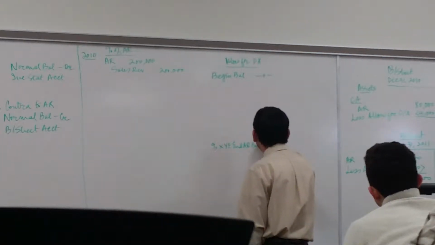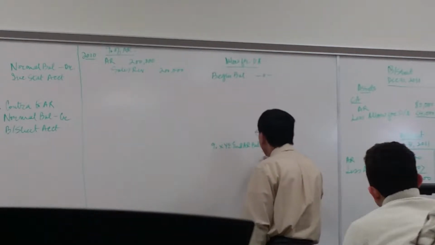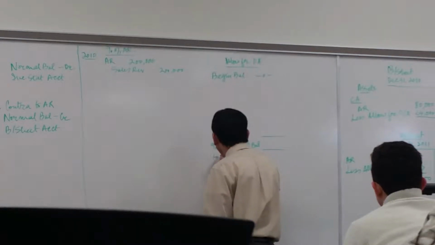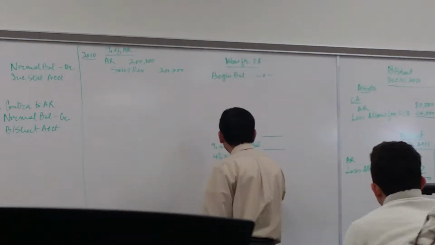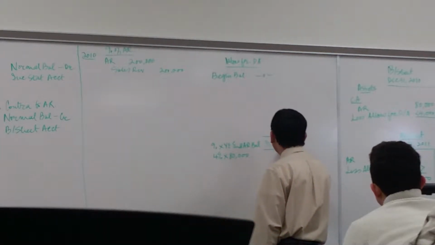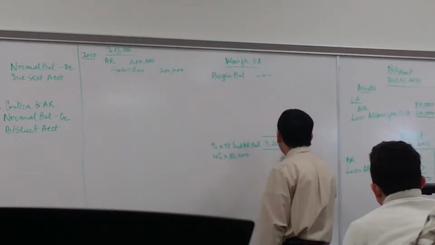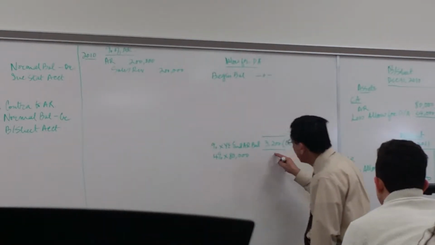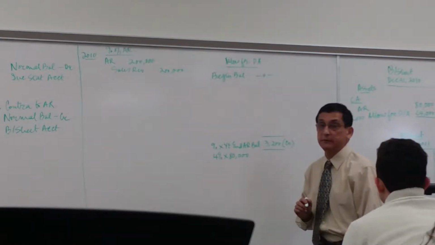I want my allowance account to end with that balance, which is 4% in this case times AR 80,000. I want my allowance to end up with 3,200. The normal balance for allowance is a credit. It should end up with a 3,200 credit balance.